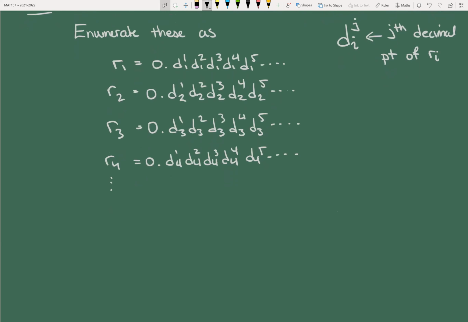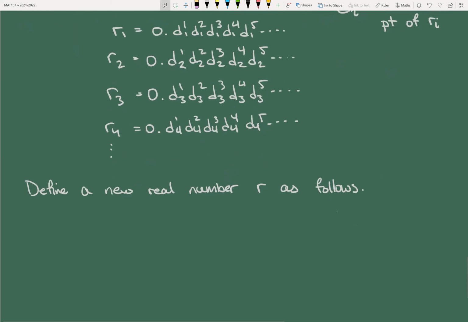So here's what I'm going to do. Define a new real number, let's just call it R, as follows. R is going to be 0 point D1, D2, D3, D4, D5, dot, dot, dot, where this guy doesn't have the superscripts.